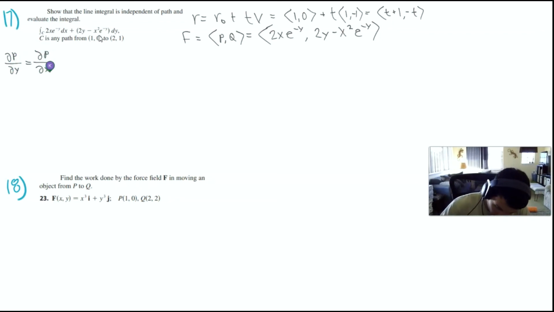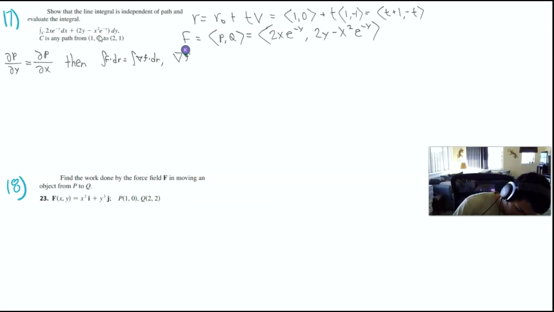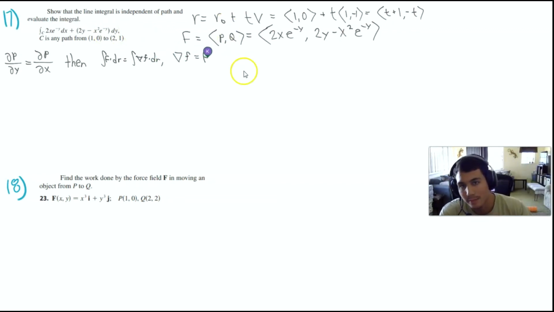And if that's true, then we can go and use F dot dr is equal to del f dot dr, hence del f is equal to F. Looks like we need to find a function f, but before we do that, let's just make sure that we actually have a conservative vector field.